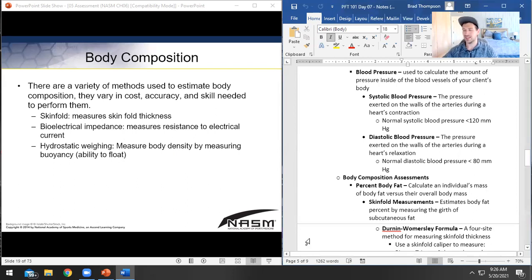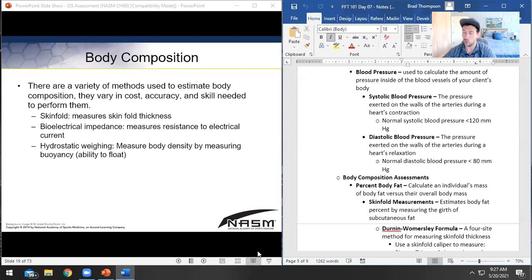But the big thing you guys need to know, honestly, is they're not going to test you on specific things like how many millimeters of mercury you inflate the cuff above where you stop hearing their heart rate. They'll just ask you what normal blood pressure is. It should be around 120/80. They might ask you what is considered hypertension.